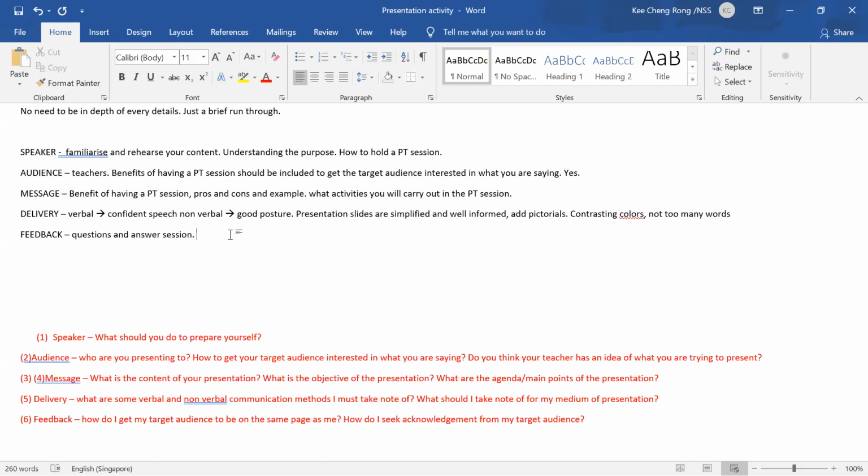Or maybe you can seek acknowledgement through a debrief, a quick conclusion, so that you can add emphasis to certain points. When I ask the teacher, is there anything to improve on? Like, is the whole proposal appropriate? Yes, that can be feedback as well.